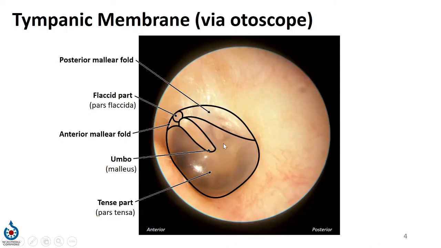So this portion is called the umbo. Just above, superior and anterior to the umbo, you find a small area called the flaccid part. Now, most of the tympanic membrane is made up of the tense part. And you can see that there are these folds that attach both posteriorly and anteriorly from that malleus toward those areas.